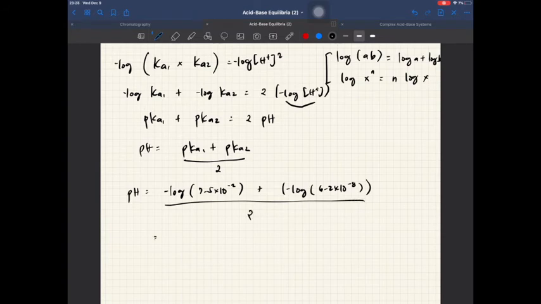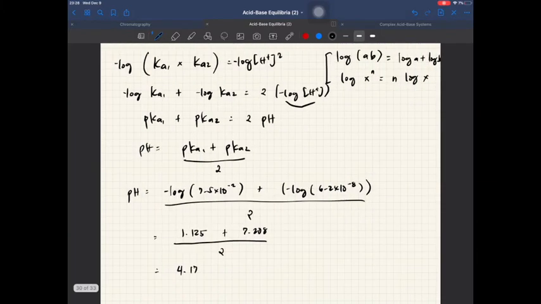For this we have 1.125 plus, for the other one, 7.208, divided by 2. The answer is 4.17. So therefore the pH value for this amphiprotic species is 4.17.